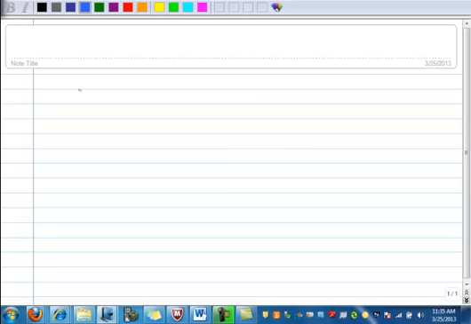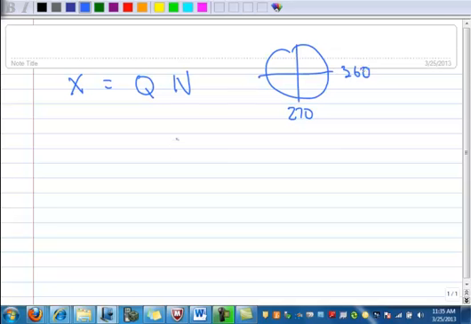We knew that the original angle x, which you don't know what the angle is, but you know it's in quadrant 4, Q4. So in quadrant 4, that's between 270 and 360. So you say x, the angle, is between 270 and 360.